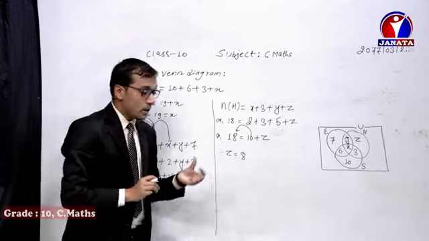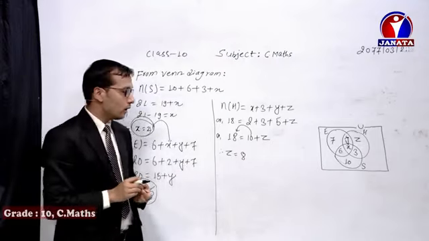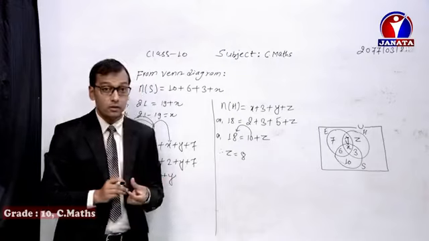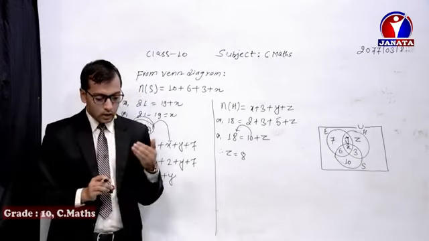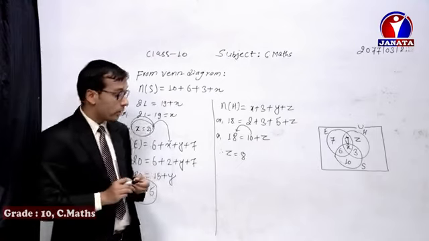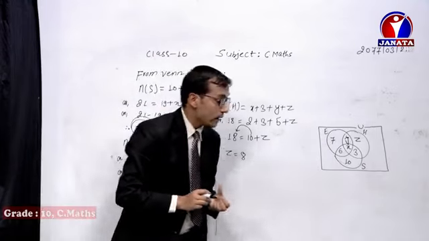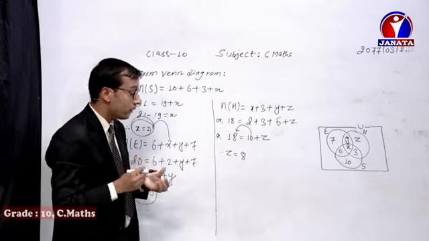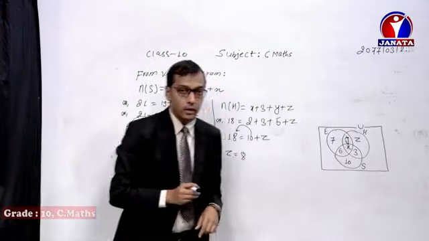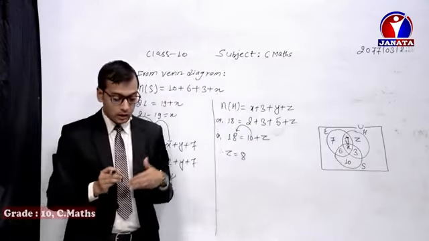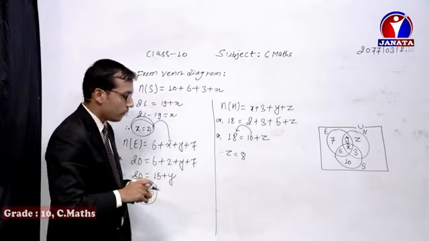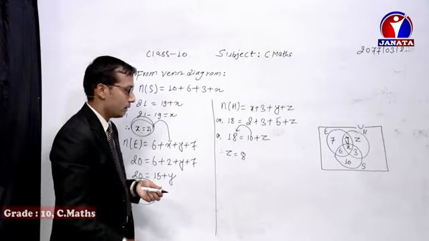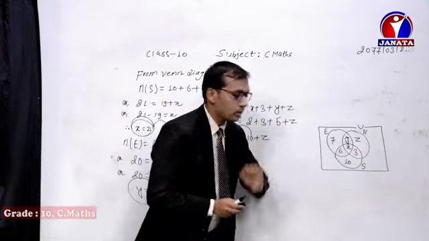So by using this process we can find the cardinal number for different unknown regions. Now there are two more questions. We have inserted the information in a Venn diagram and found the values of x, y and z. In part B, how many students study all the subjects? This is x.